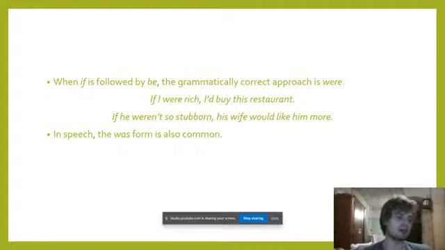In regular non-formal speech, we can use was, as it's common among native speakers as well.